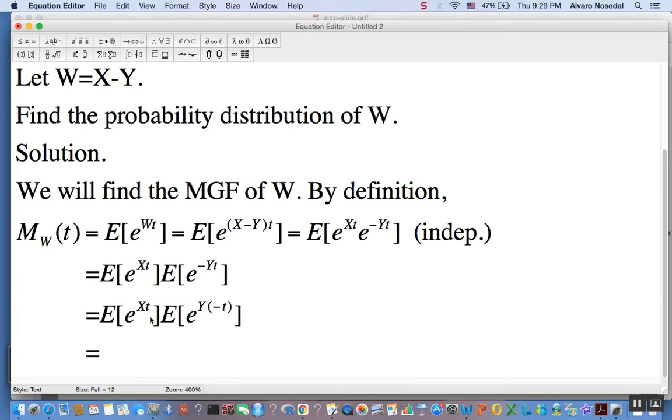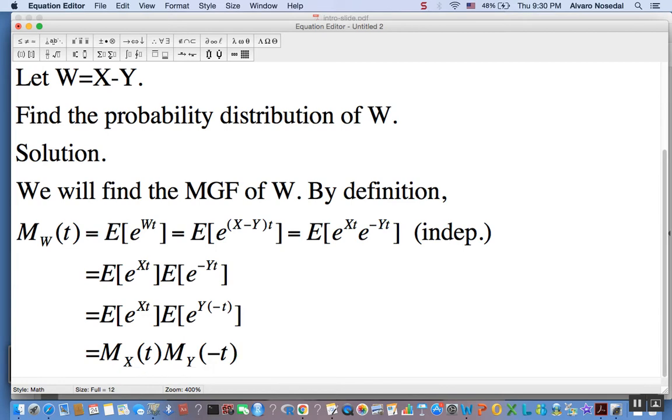Clearly, the first term, the expected value of e to the power Xt, is by very definition the MGF of the random variable X. And this one here is almost the definition of the moment generating function at t, but instead of a t we have a negative t, so it's the MGF of Y evaluated at negative t.